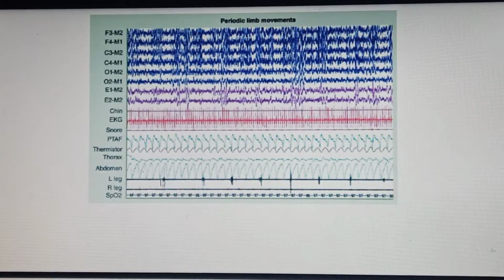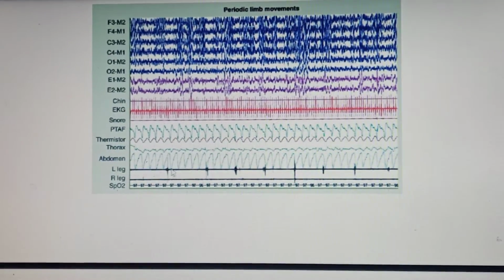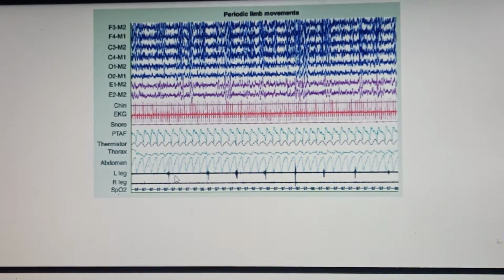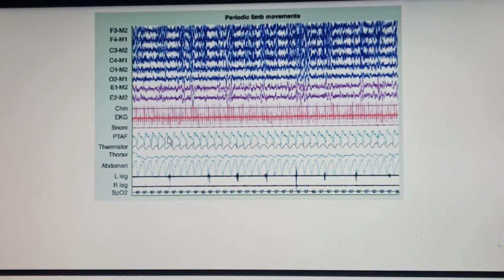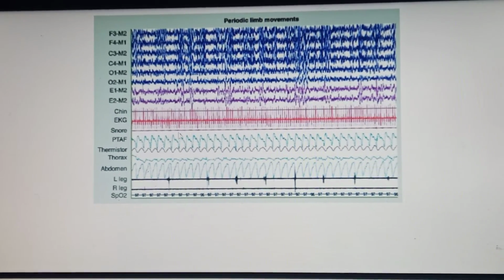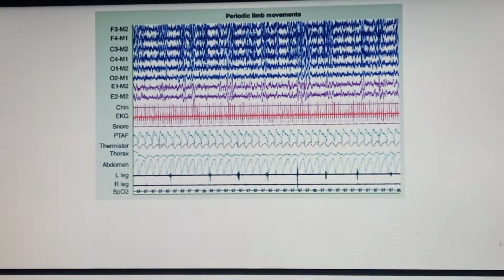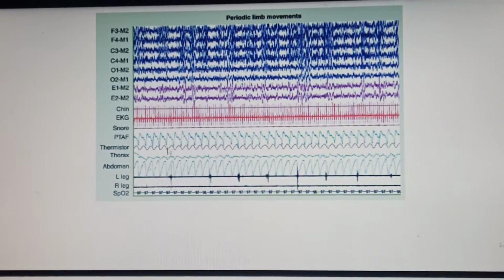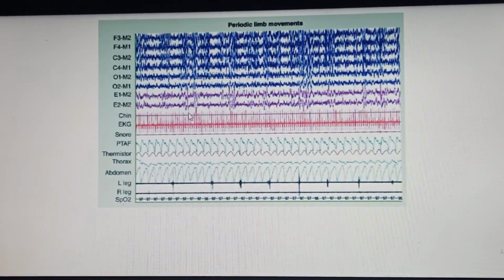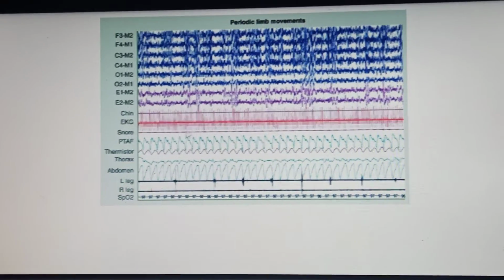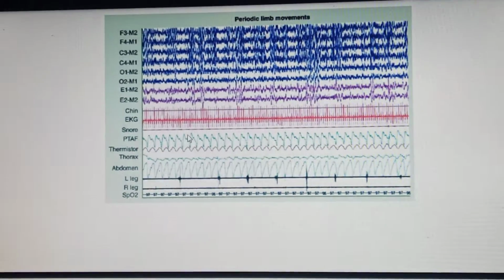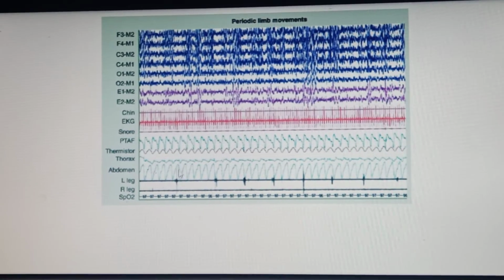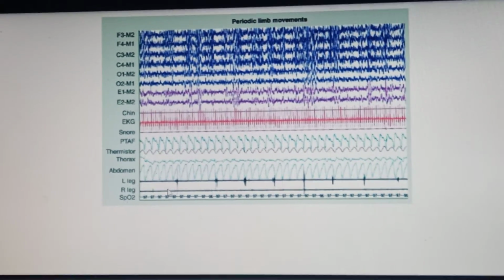The minimum leg movement duration is 0.5 second and the maximum is 10 seconds. And if you see a leg movement with any respiratory event, for example an apnea or hypopnea, and that leg movement is within or followed by 0.5 seconds of that apnea, for example if a leg movement is here and after 0.5 seconds there is a respiratory event, then that leg movement should not be scored.